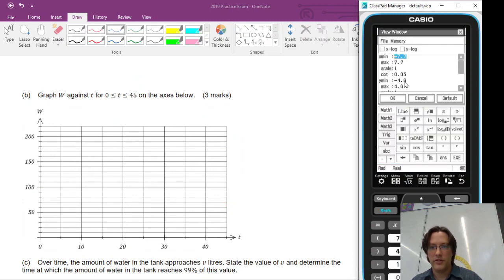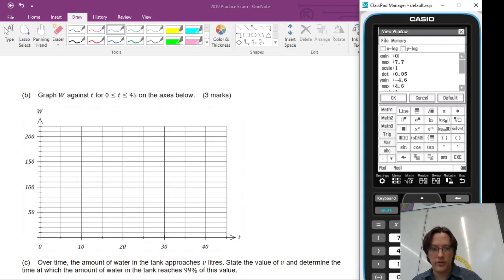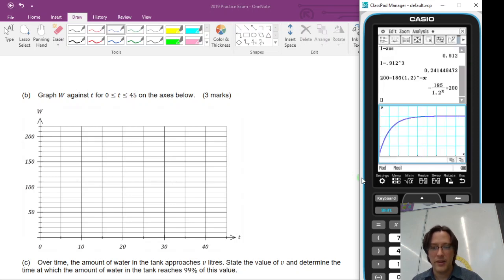I'll just copy those. We have x goes from 0 to 45 by the looks of it. I'll give it a scale of 5. Y goes from 0 to, I'm going to call it 250, and give it intervals of 50. There we go.